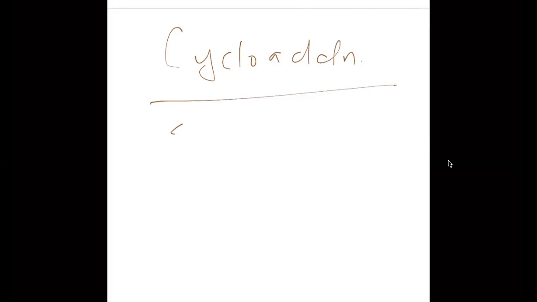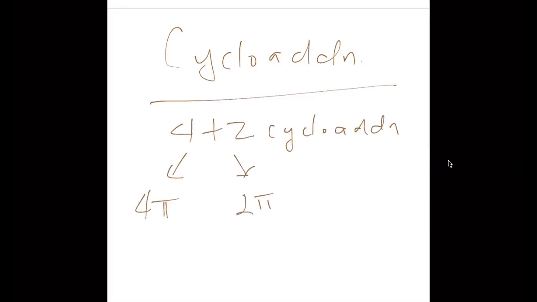Right, so it's going to be a 4 pi system reacting with a 2 pi system. I have to restart this computer. All right, so a 4 pi reacting with a 2 pi.